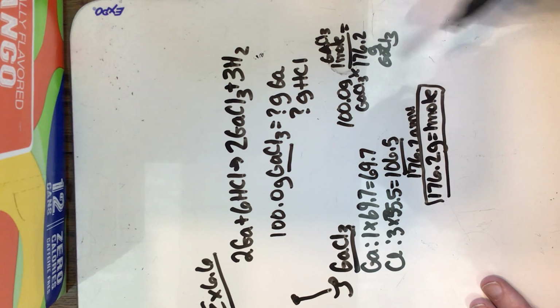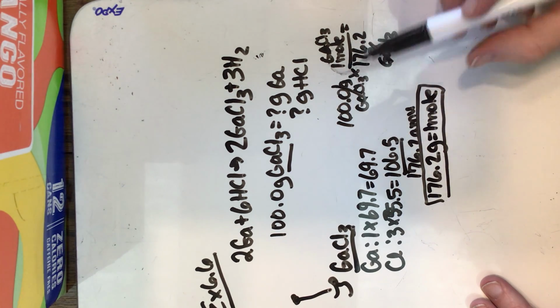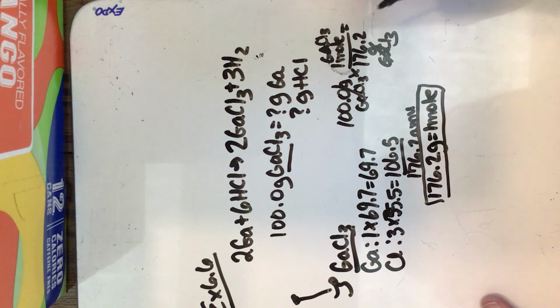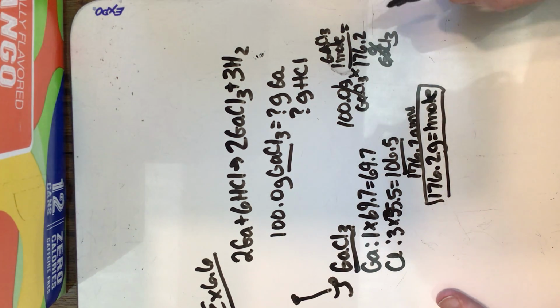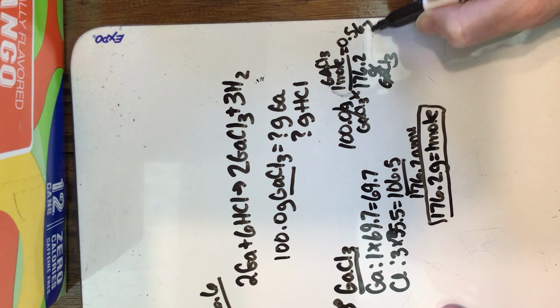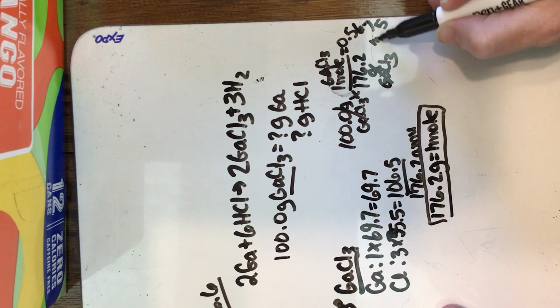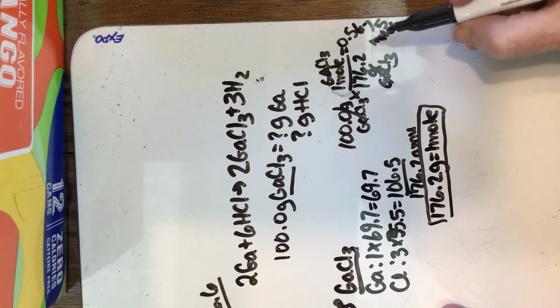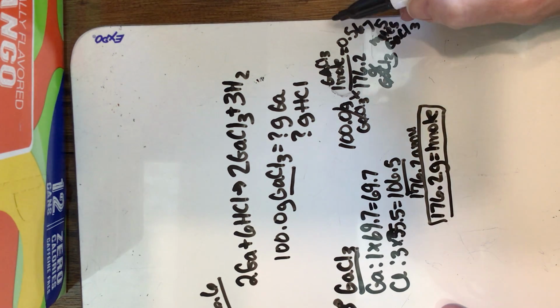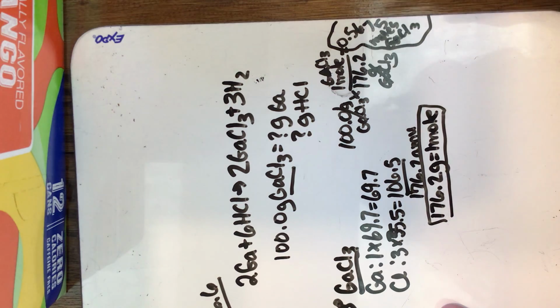So the grams cancel, and 100 divided by 176.2 is 0.5675 moles of GaCl3. So there's my first piece.